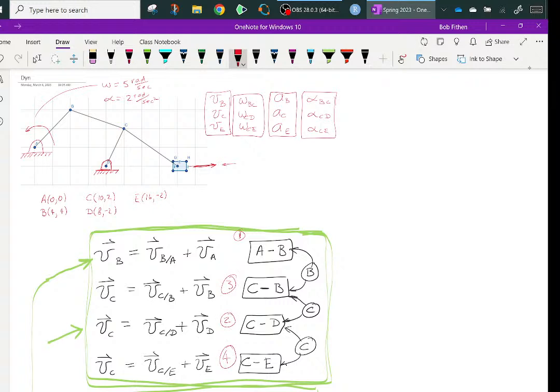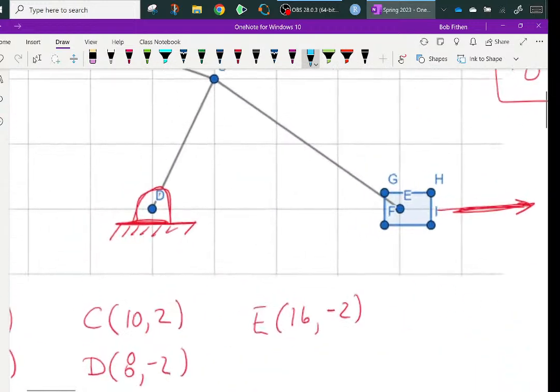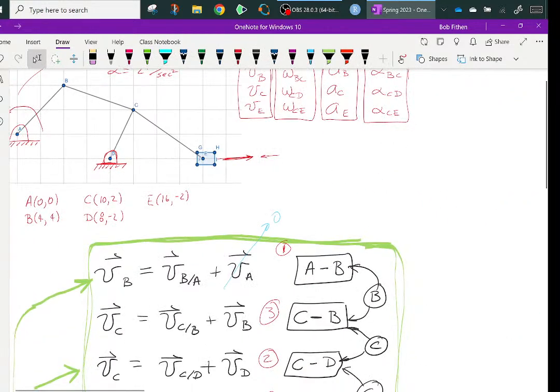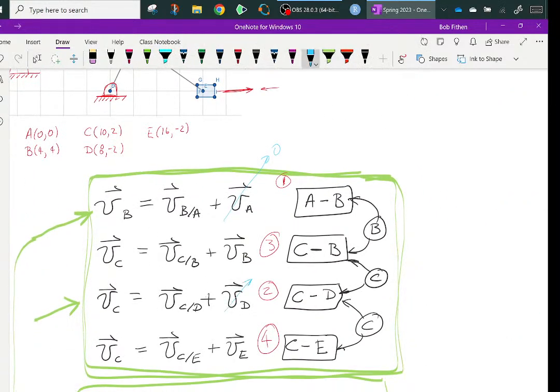So the first thing is to recognize this velocity is 0, and it's hard to see it, but if you zoom in, that right there is D. So that means this is 0. So I'll do it kind of like that. That way, this equation I only have to write that, and this equation I only have to write that.